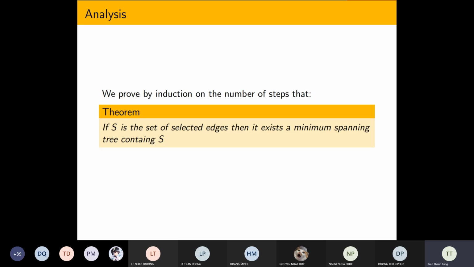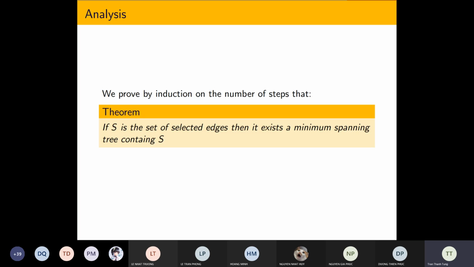Step number 2, induction. Assume that the number of steps is n, meaning the step is n in our algorithm.